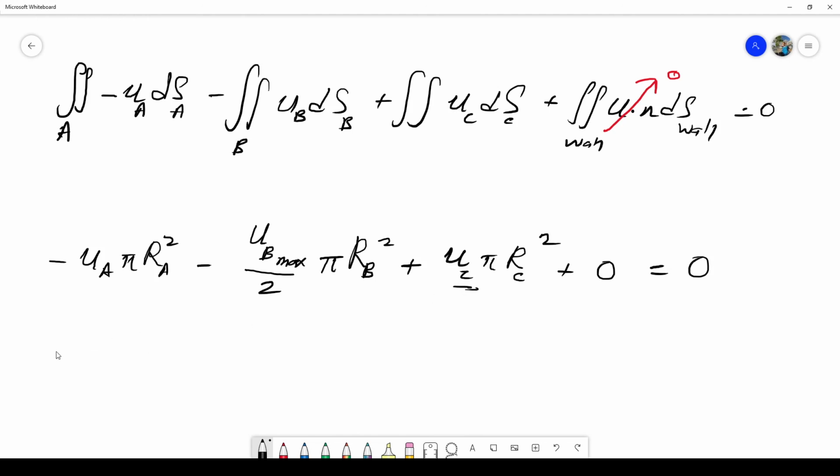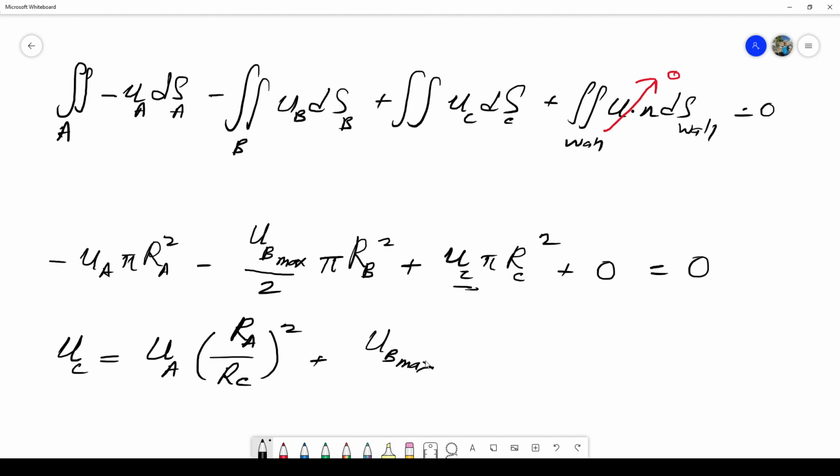Then we rearrange the equation for UC, and we obtain that UC is equal to the velocity entering station A, multiplied by the ratio between RA and RC squared, plus the maximum velocity at station B divided by 2, multiplied by the ratio between RB and RC squared.